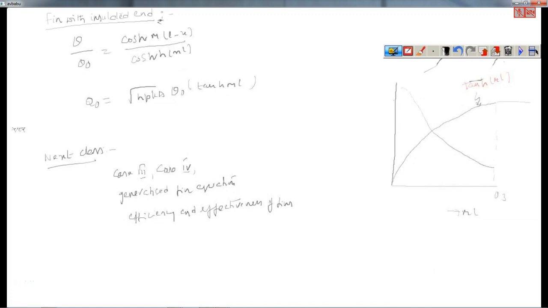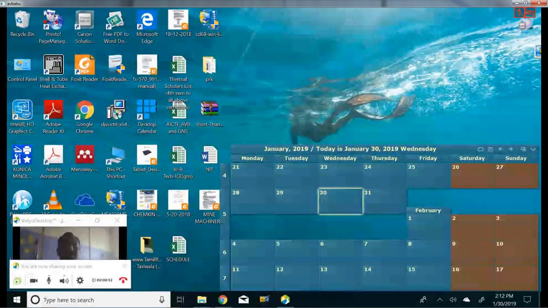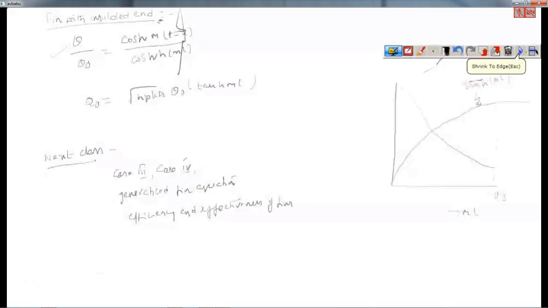About the case of a fin with an insulated end, we have concluded here. The temperature distribution in case of a fin with an insulated end is derived as theta by theta 0 is equal to cosh m(L minus x) divided by cosh mL.